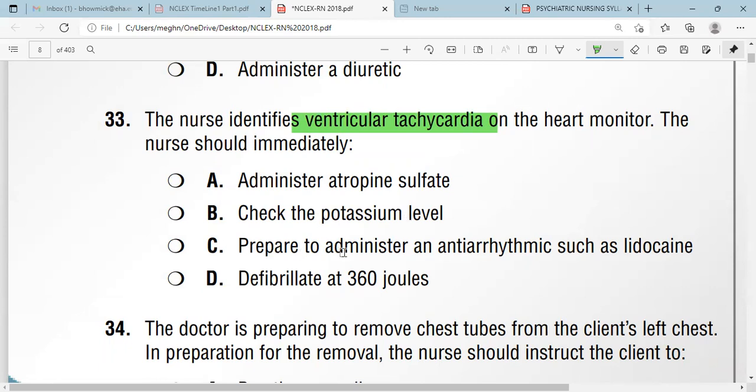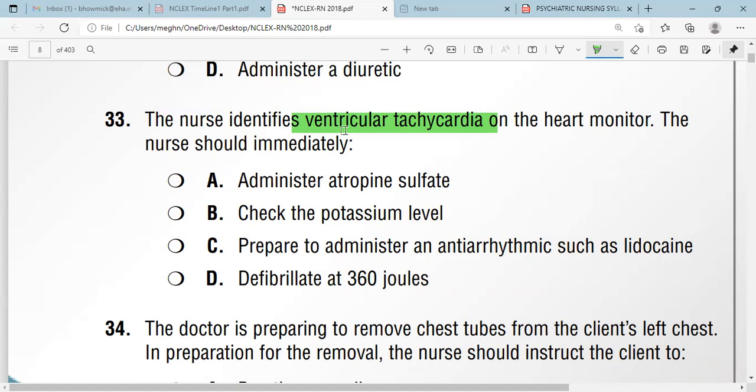Number C, prepare to administer an antiarrhythmic such as lidocaine. Number D, defibrillate at 360 joules. So while you are monitoring the heart, you find on the EKG ventricular tachycardia, meaning an abnormal heartbeat faster than normal. Tachycardia, and the origin is the ventricle.